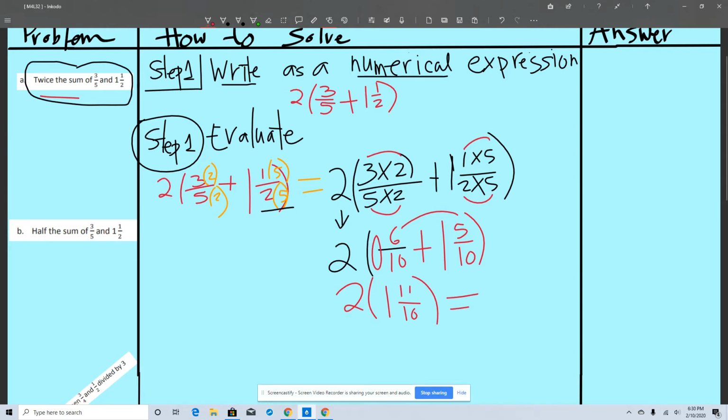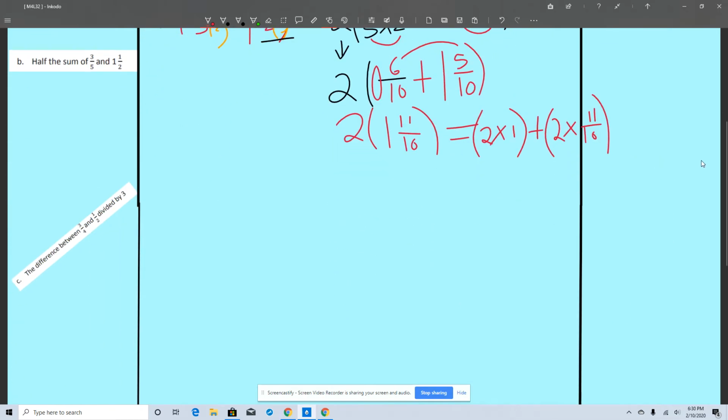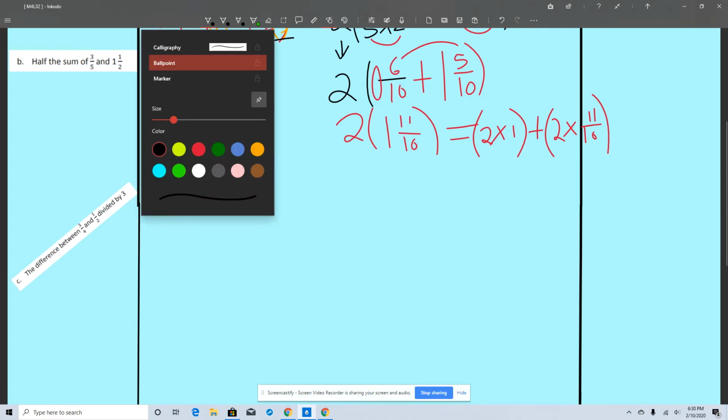So we're going to create two fractions, right? 2 multiplications. 2 times 1 plus 2 times 11/10. You see that? Okay, let's go to the next step and let's solve this.